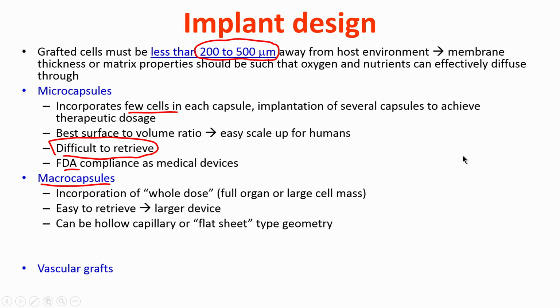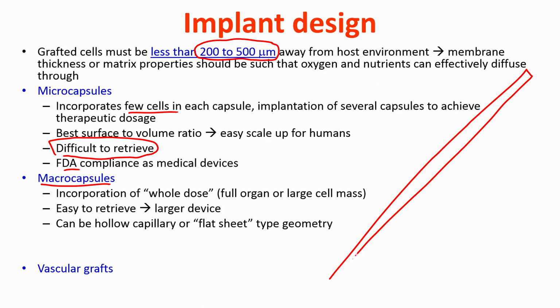To allow more surface area, you may not want to use a sphere, maybe you take a long sheet which is, let us say, 1 millimeter wide, and this dimension could be in centimeters, but that would ensure that all of your cells are not more than 500 micron away, and then this device can also be retrievable, or you can have a hollow thing in the middle going as well.